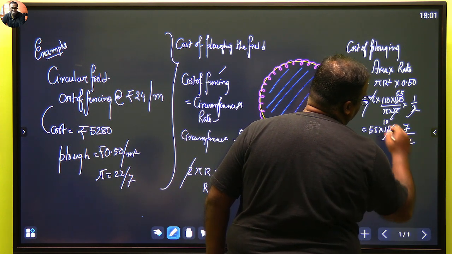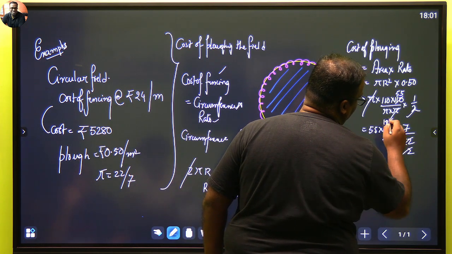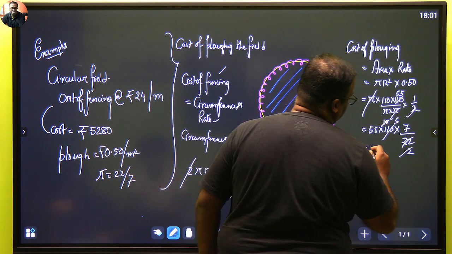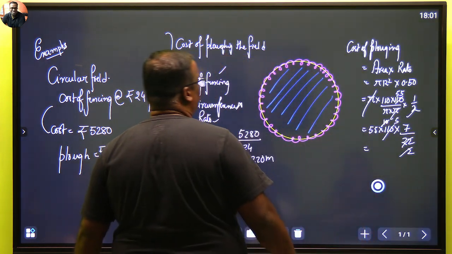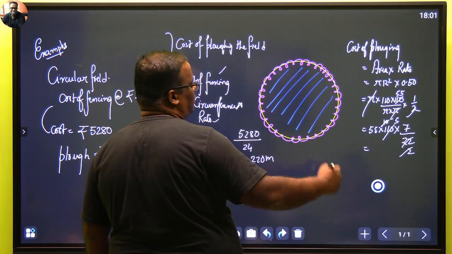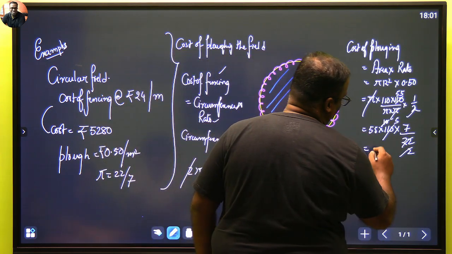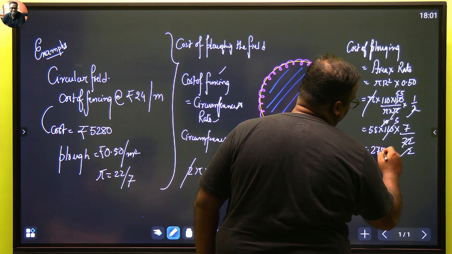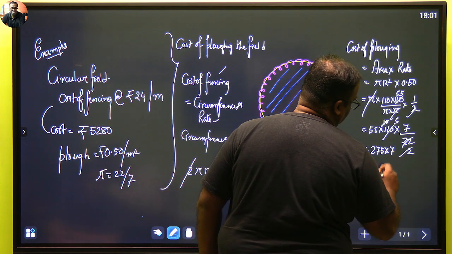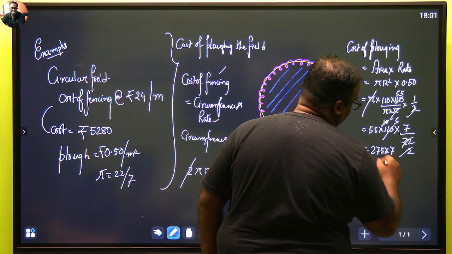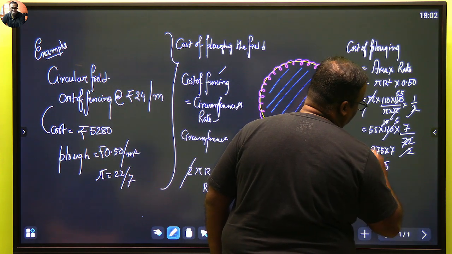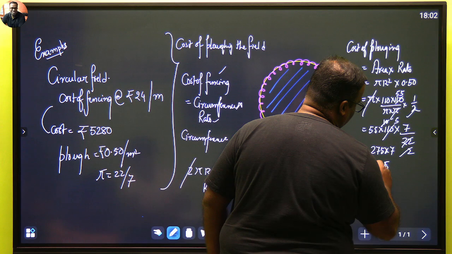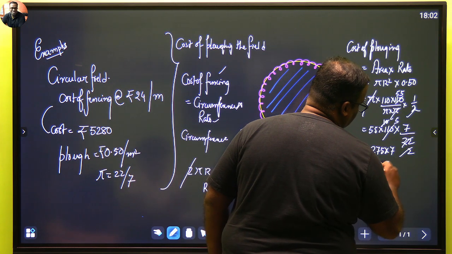So 11 2s are 22, 2 5s are 10. That makes it 55. 50 into 5 is 250 plus another 25, which makes it 275 multiplied by 7. So how much is it? 7 5s are 35, 3 carry over, 7 7s are 49, 52, 5 carry over, 7 2s are 14, 14 plus 5 is 19.